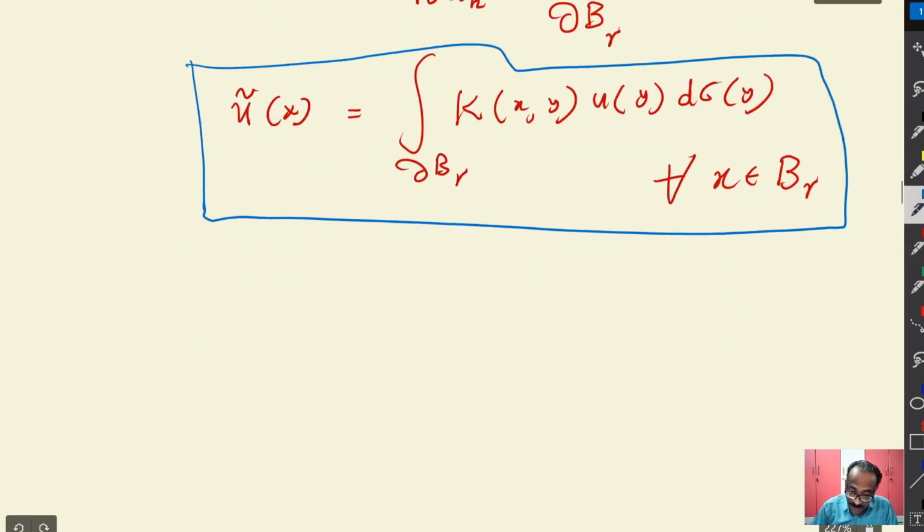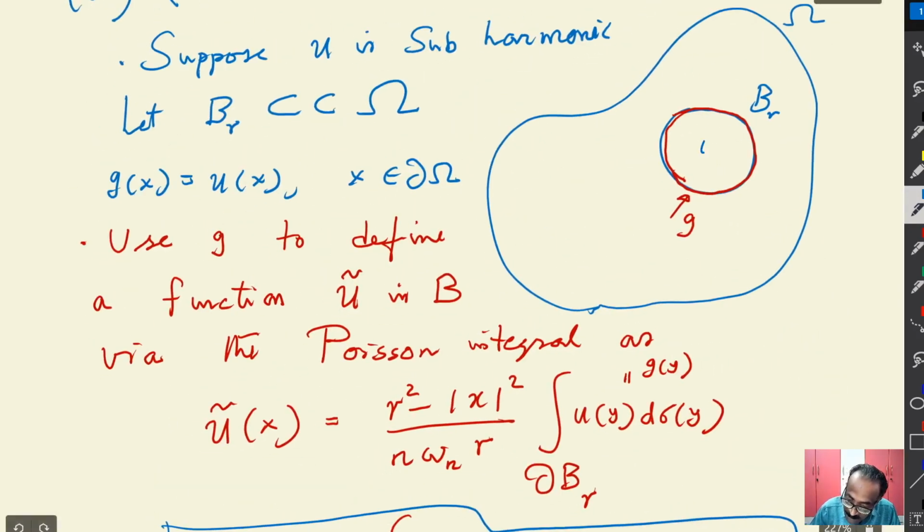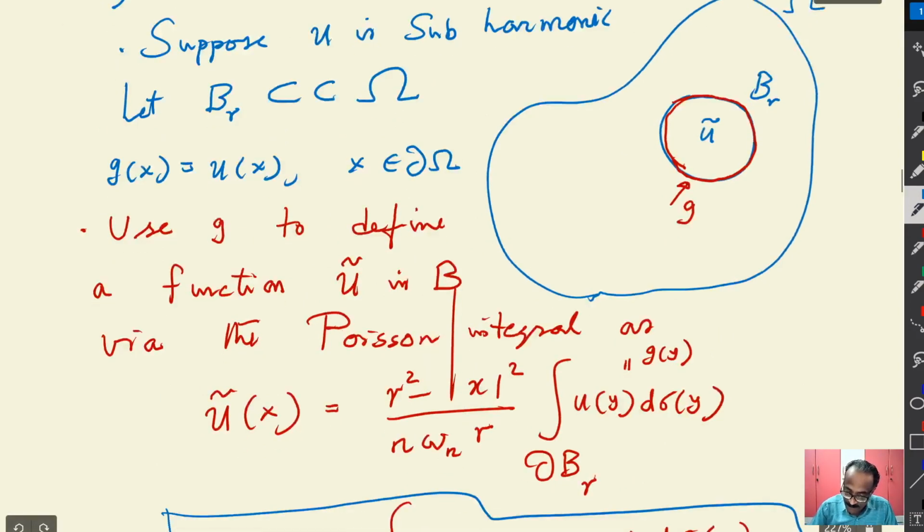So you have defined U tilde here. U is defined everywhere in omega, but U tilde is defined only inside, and U tilde coincides with U on the boundary.